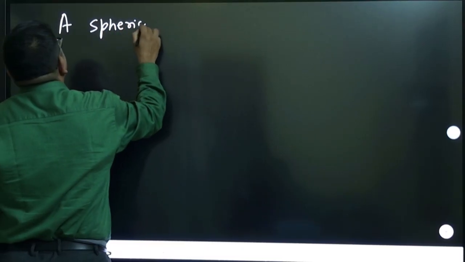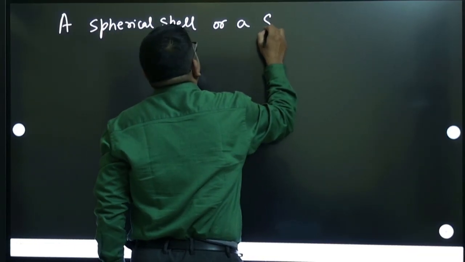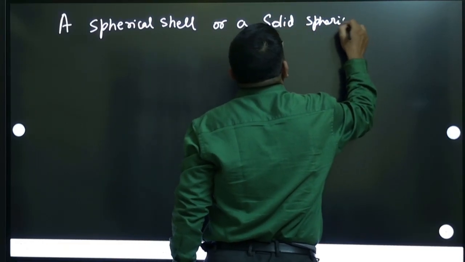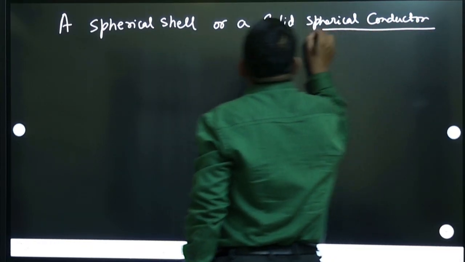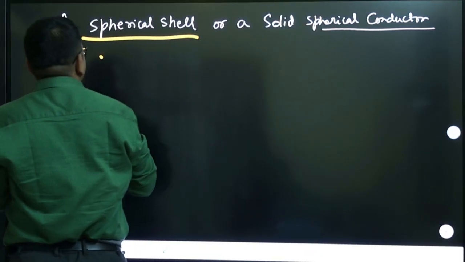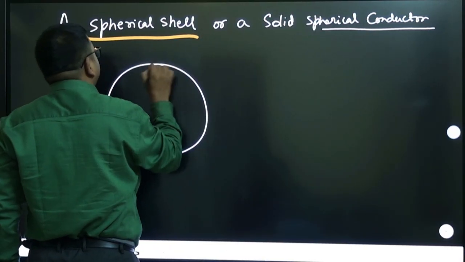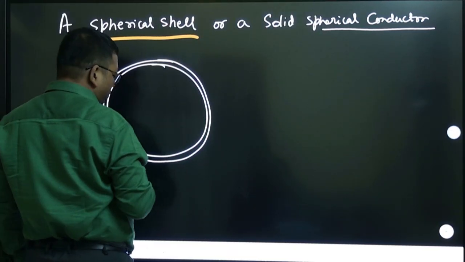So let us take a spherical cell, or a solid spherical conductor. Either you take a spherical cell or a conductor, what is important is that the charges are distributed over the surface.